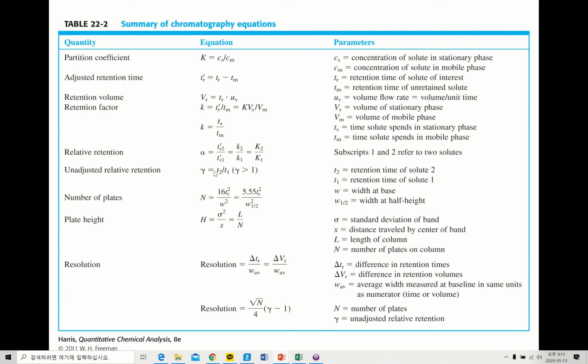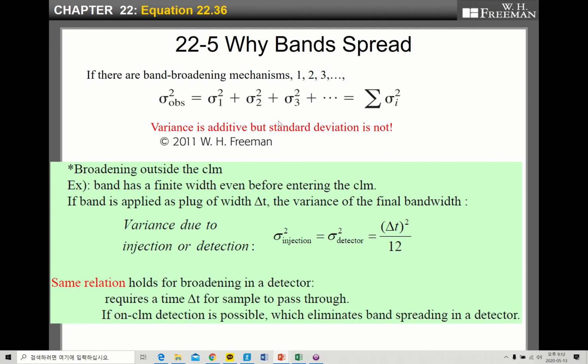You try to solve the problems, and in the meantime, you will get the concept of chromatography, the concept of plate height, plate number, resolution, and something like that. This is just a simple summary of chromatography equations. Okay, now let's temporarily stop here.